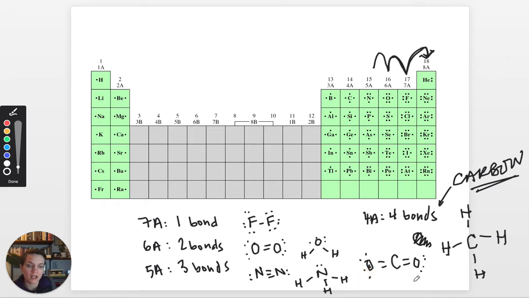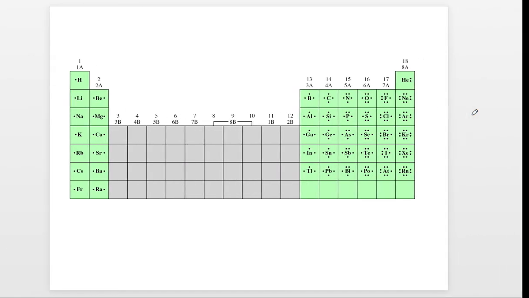Another example would be carbon and amine, like this. So we have a triple bond and a single bond. So those are all possible configurations. Obviously, there would be different elements that carbon is bound to, but notice carbon likes to have 4 bonds. Everything in the 4A is going to follow that same trend. So again, same column, same bonding trends, same chemical trends.